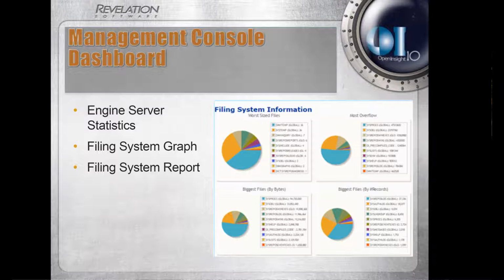From this, we can then produce a report, and from that report, we are now able to manipulate and maintain file sizing on the fly. And this can be done on an application-by-application basis. It doesn't have to be global.